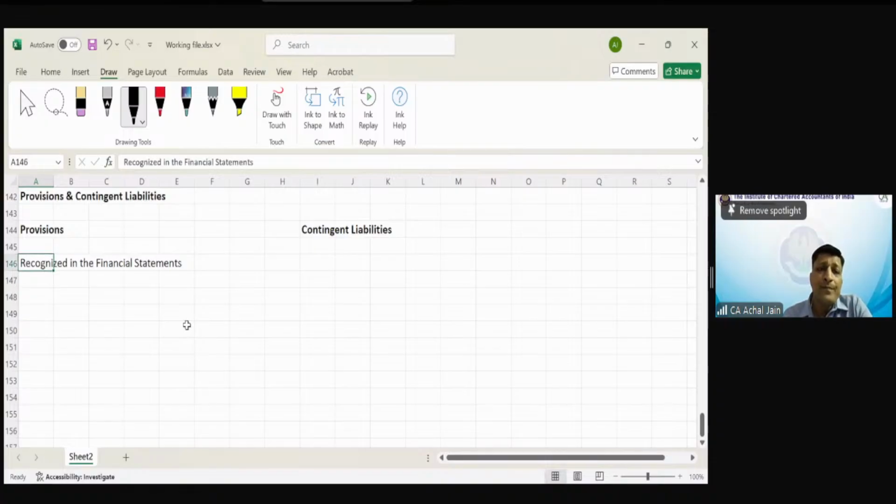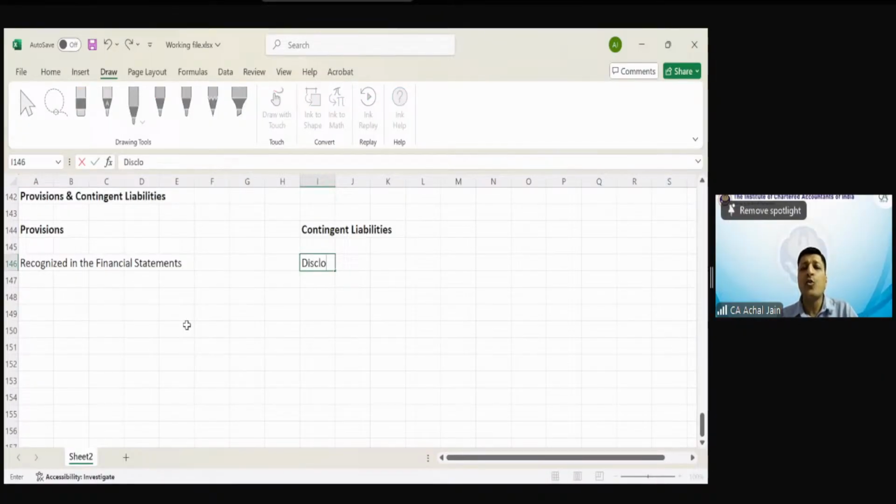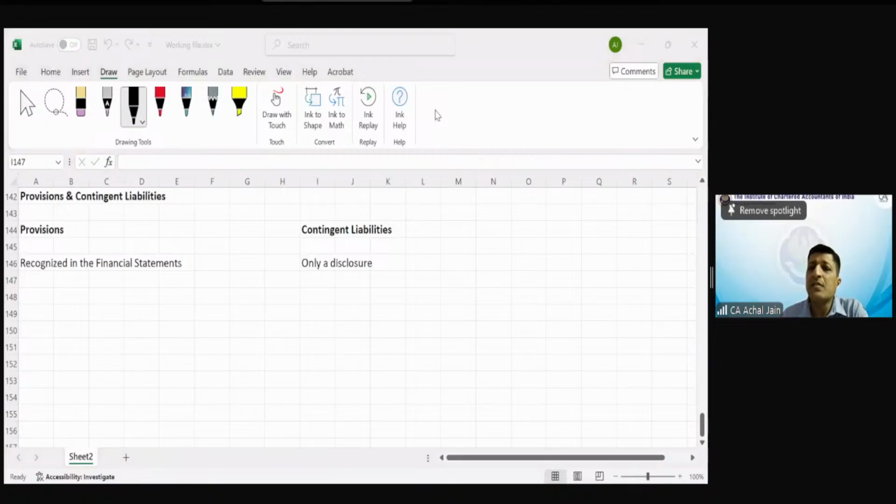But contingent liability is not recognized. It is only a disclosure. What do you mean by disclosure? It will not be there in the balance sheet, it will not be there in the P&L.